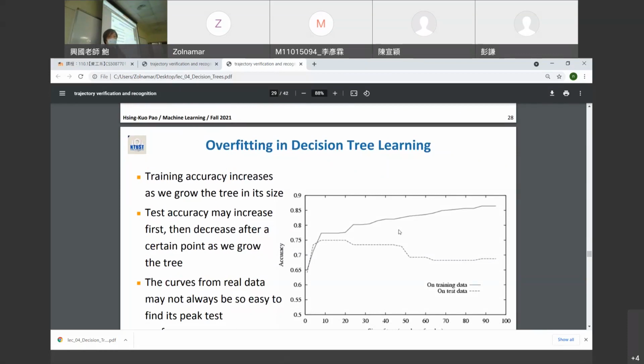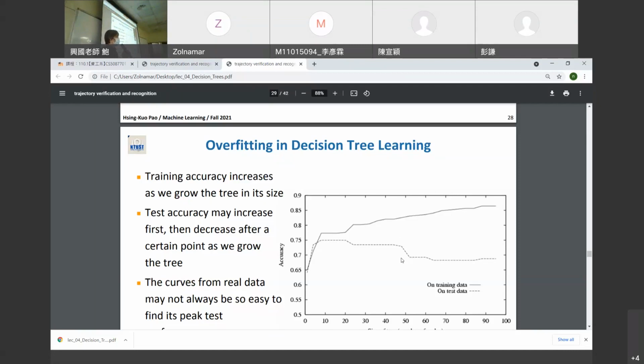For the test data, after a certain moment it will drop, because the model is complicated enough, in a relative sense, given how complex the data is.